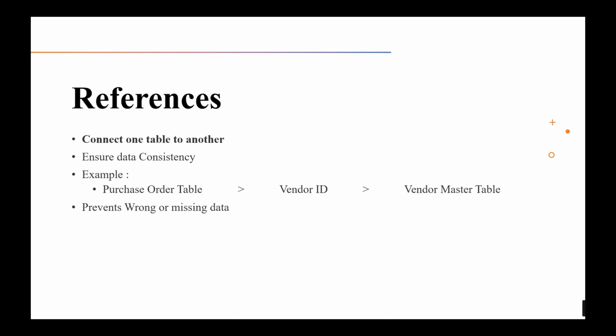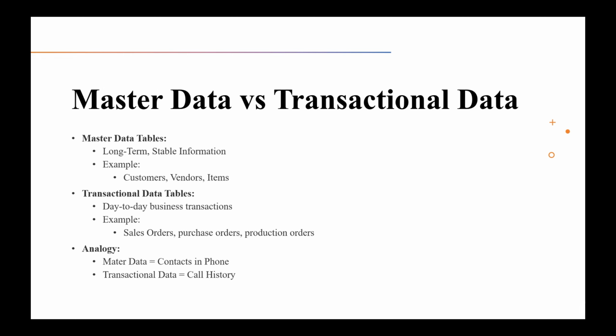Now let's see how the tables are categorized. In LN, we broadly divide the tables into two types. One, master data tables, and the second, transactional data tables. Coming to the first, master data tables.